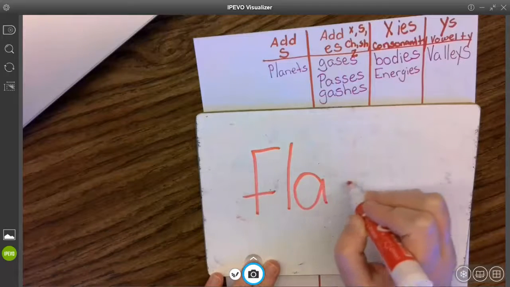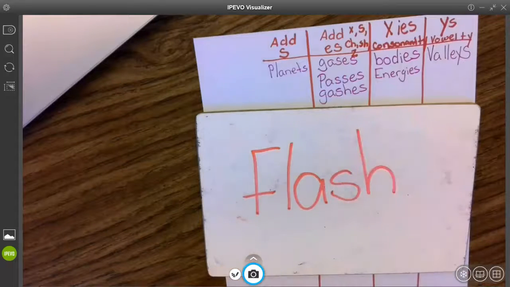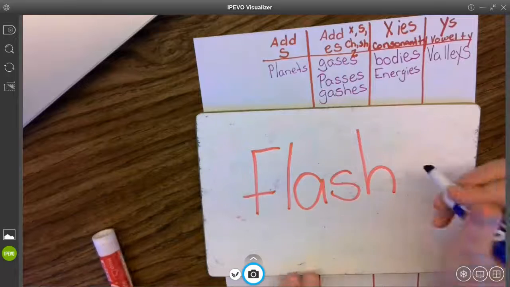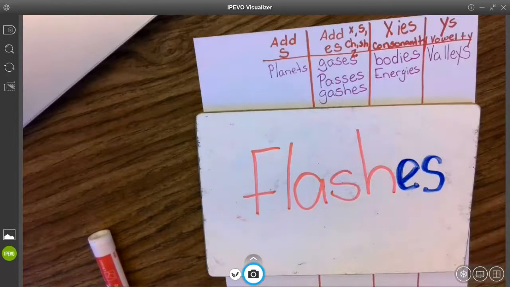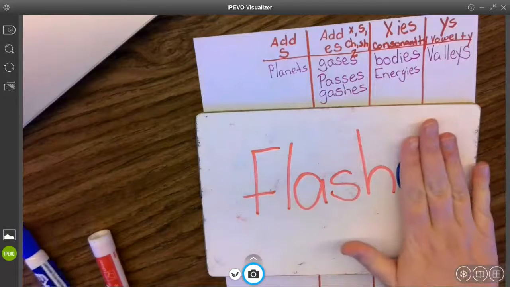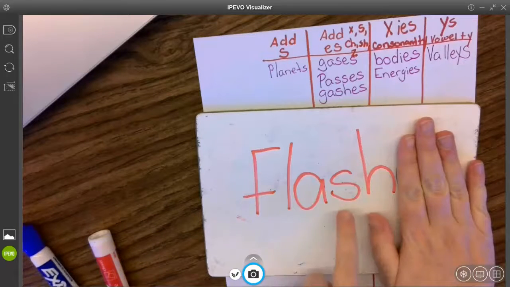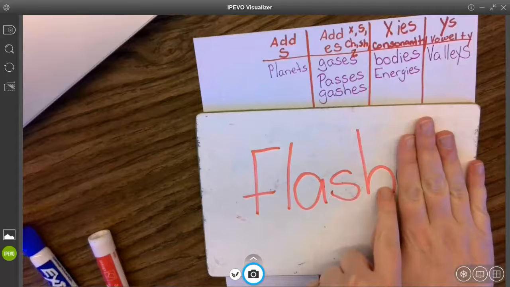The word they're building off of is flash. Okay, and they added ES to make it plural for flashes. How does flash end? It ends in an SH.